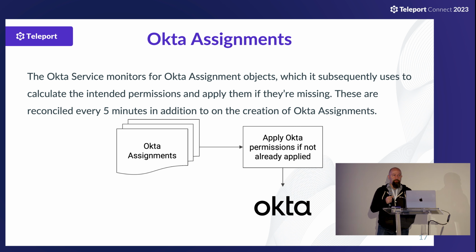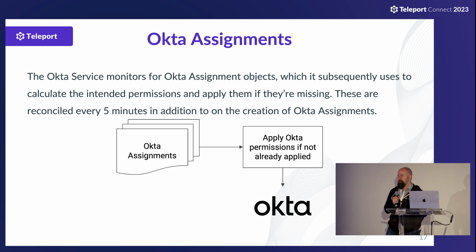So if you are managing Okta permissions using Teleport, and you go and make a manual change to the user group assignments or application assignments within Okta, Teleport will go and reconcile that as appropriate. This is done primarily to help make Teleport the central authority for how permissions in Okta are determined.